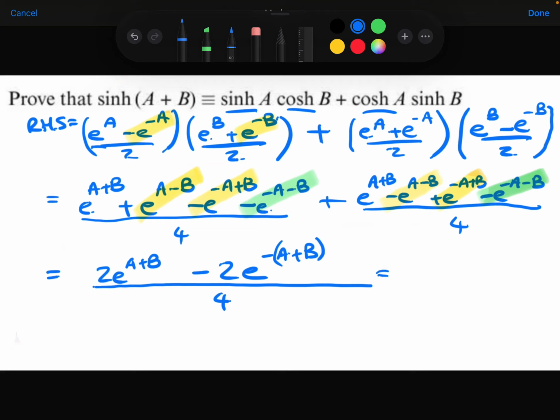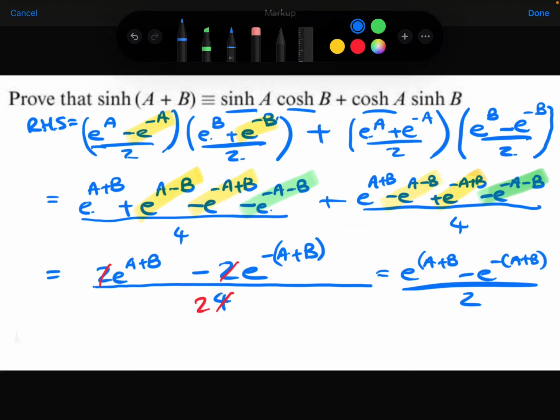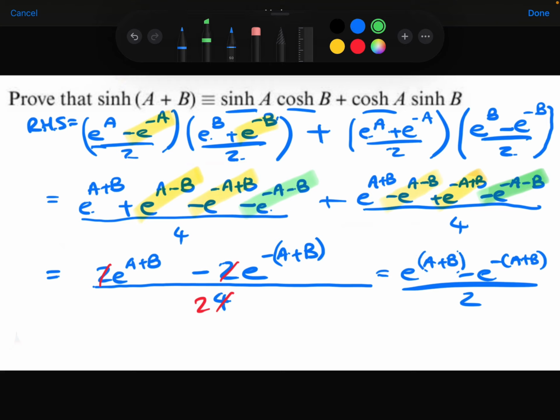Now I'm going to cancel out these 2's, and I've got e to the A plus B minus e to the minus A plus B all over 2, which is, by definition, the definition of sinh.